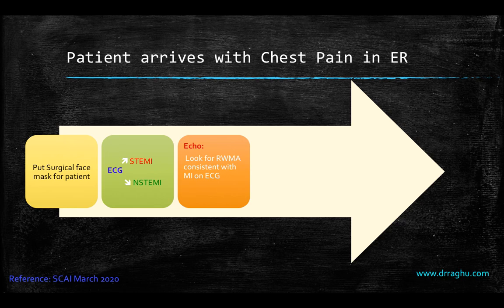After the STEMI or non-STEMI diagnosis has been made, it is important for us to differentiate whether the myocardial infarction is a consequence of COVID. So we should always correlate the ECG findings with echocardiography, and if the echo is showing wall motion abnormalities consistent with the regional changes of myocardial infarction on the ECG, then we can diagnose it as a type 1 myocardial infarction.